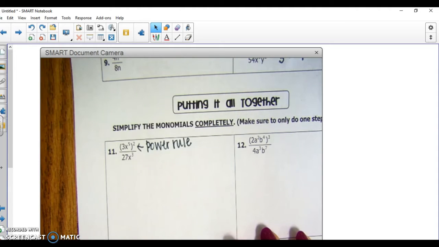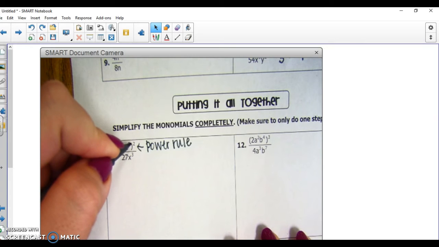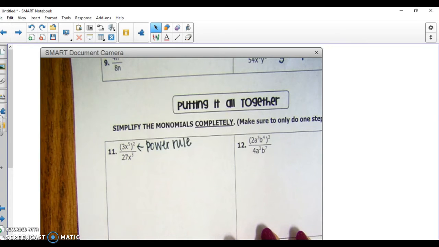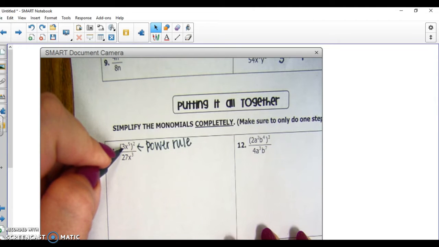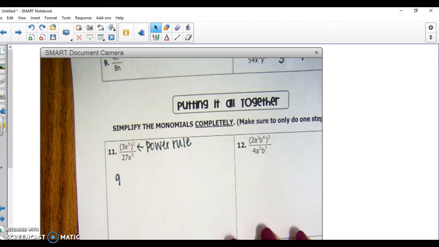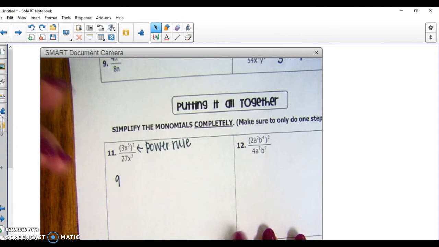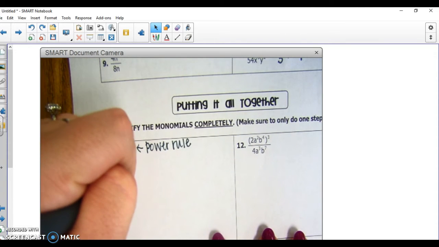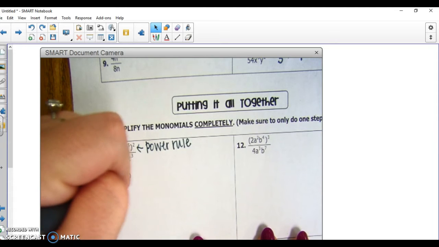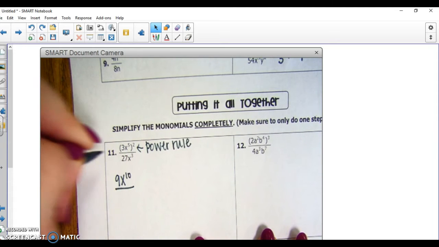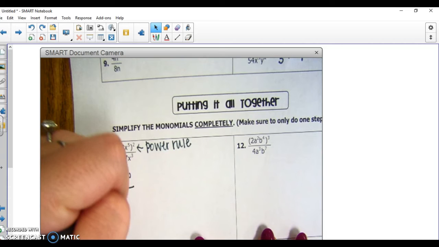My power rule says that I need to multiply everything by this exponent that's on the outside. So if I have 3 squared, I'm going to have 9. I have x to the 5th squared, so I'm going to multiply 5 and 2. I end up with x to the 10th power. Then I'm just going to bring down whatever I had on the bottom.